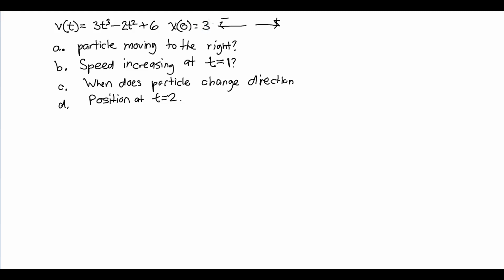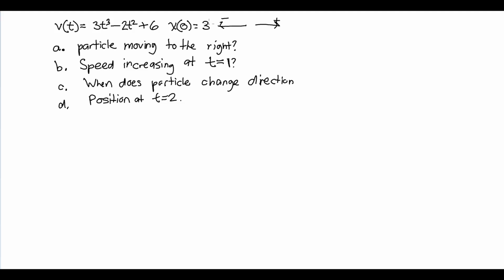Okay, so let's tackle this. When is the particle moving to the right? If the particle is moving toward the right, that means the velocity has to be positive, right? Because the velocity is the derivative of position, the rate at which position changes. So if velocity is positive, then the position is increasing.